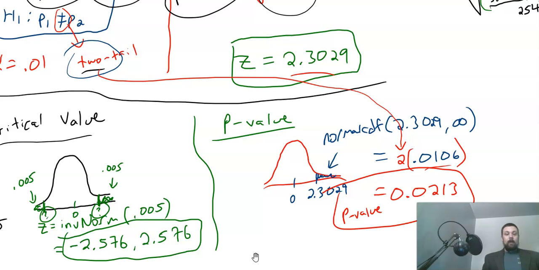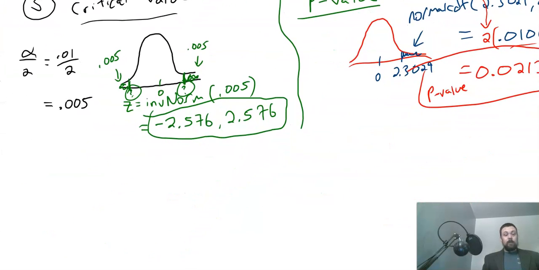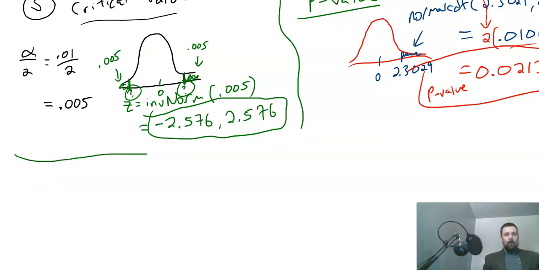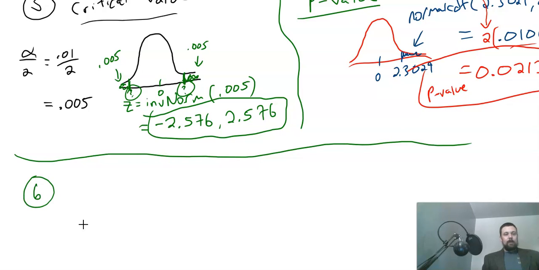All right, now we want to draw our initial conclusion. Do we reject or do we fail to reject the null hypothesis? All right, so this is step 6. Okay, step 6. So if we use the critical value method, we have 2 critical values here.